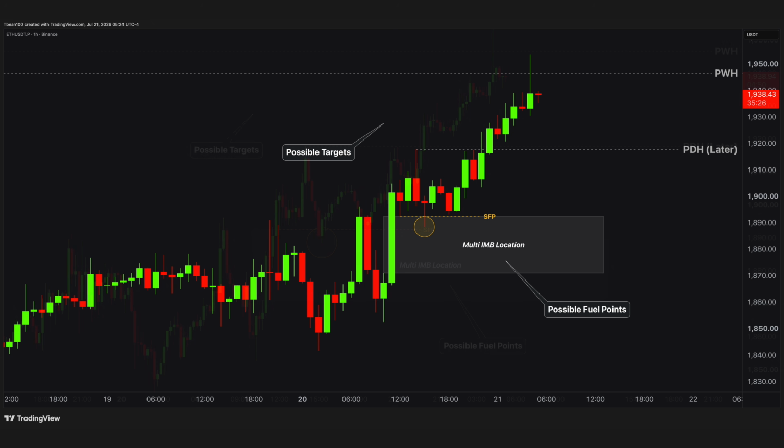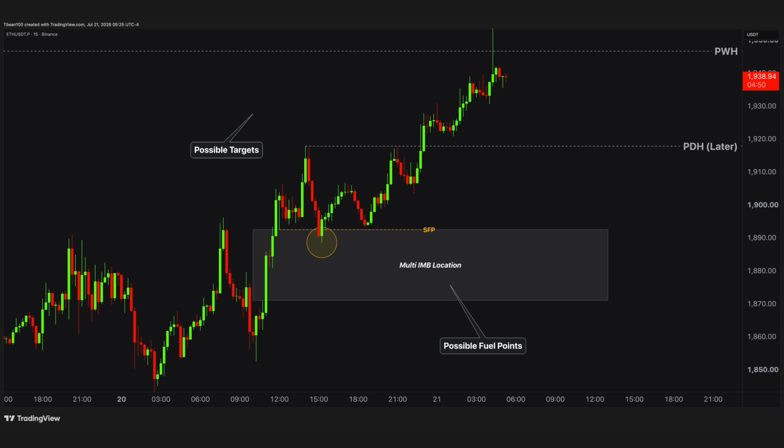However, I have a different kind of question for you. If you go to the lower time frames, for example 15 minutes, would you place a trade like this one? Yes, this is a possible setup without even going to lower time frames or looking for lower time frame market structure break confirmations at all.